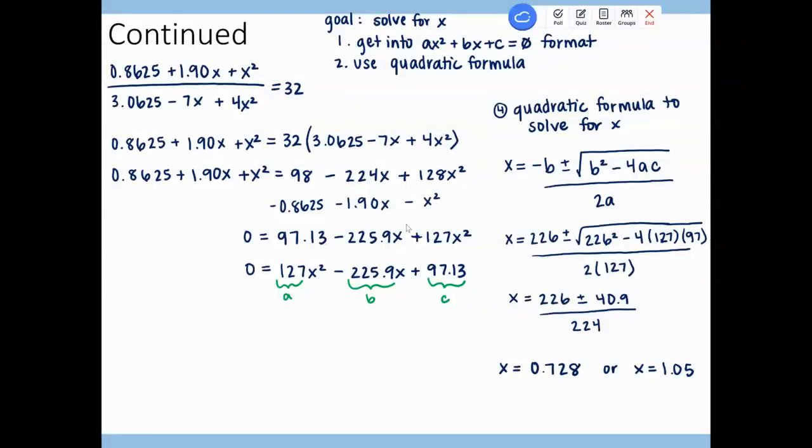This is where I have an error. 2 times 127 is 254, not 224. And so the two options for x values are 0.719 and 1.04.